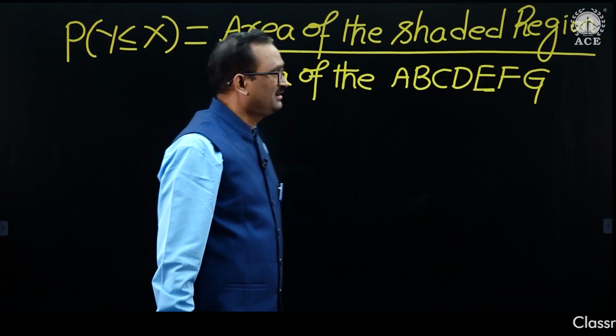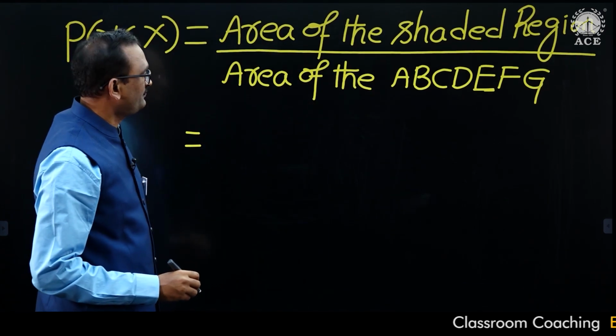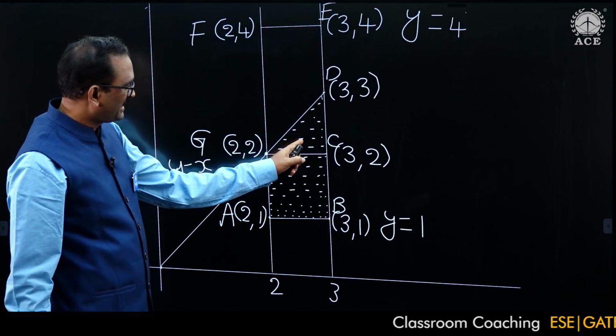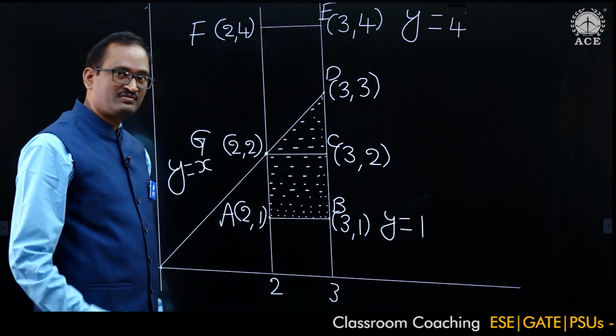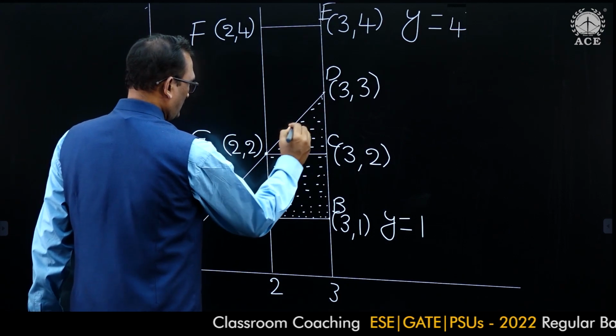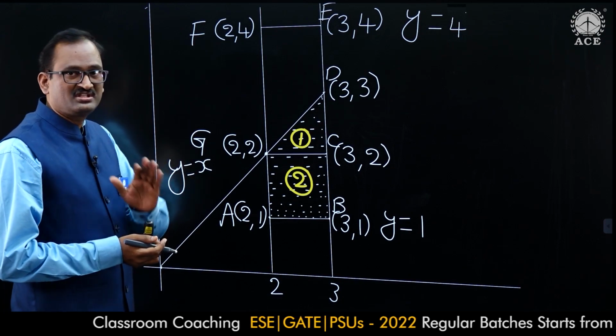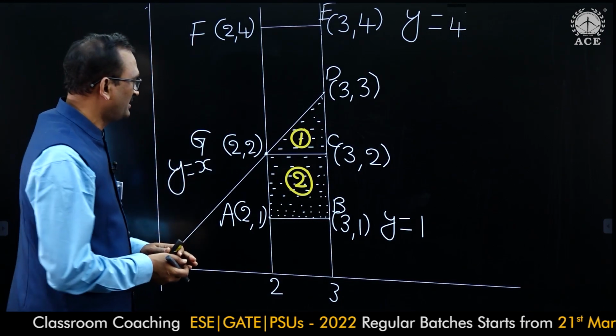That's a rectangle. Now look at the shaded area. The shaded area is a triangle and a square. The area of the triangle is half into base into height.